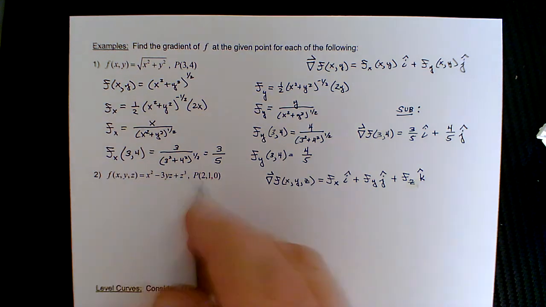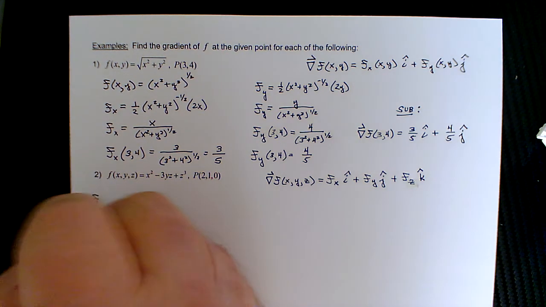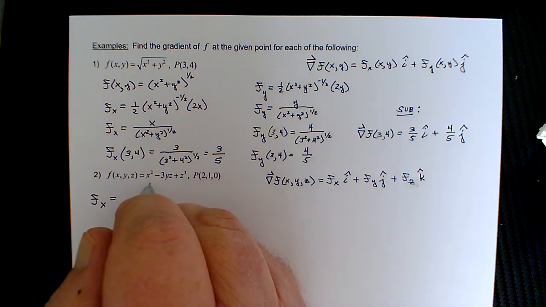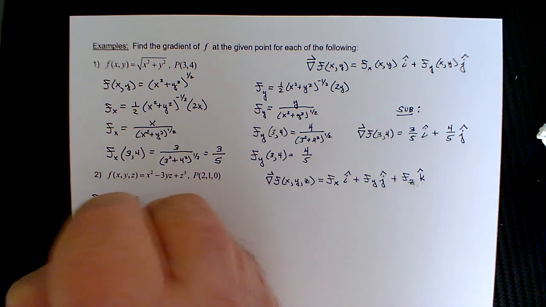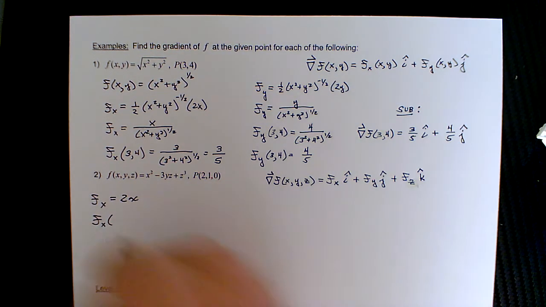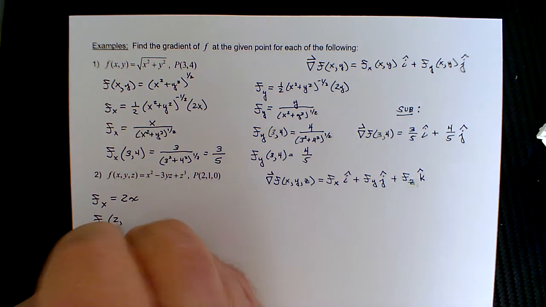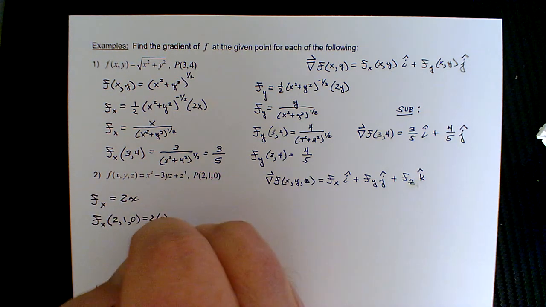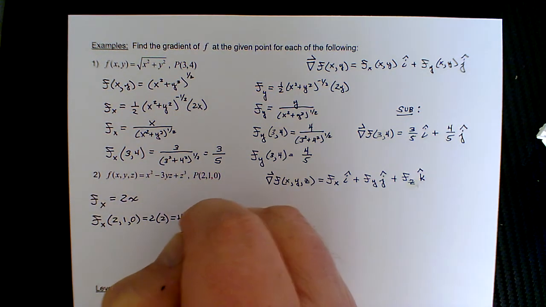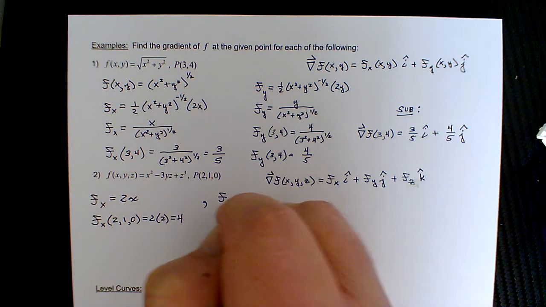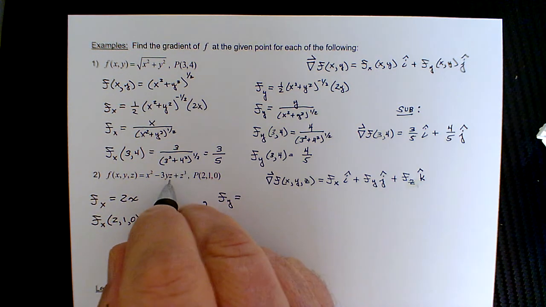Okay, so we'll need the partials, all three of them this time. F sub x, with y and z constants, is just 2x. Evaluate that at the point 2, 1, 0, so that's 2 times 2, or 4. Partial with respect to y, x and z are constants, so x squared goes to 0.